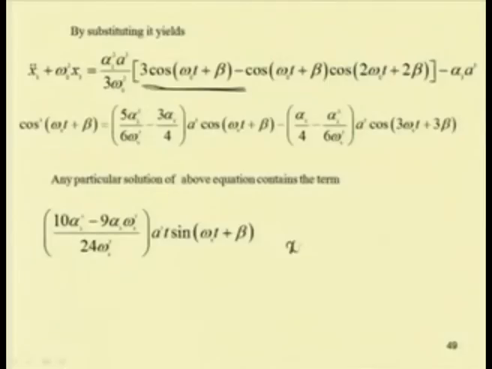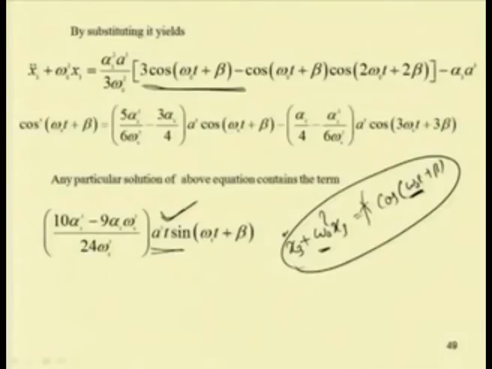The equation x 3 double dot plus omega 0 square x 3 contains a function, let me put some f, which is cos omega 0 t plus beta, as this is omega 0 and this is omega 0 square. So, it will lead to a resonance condition, and the particular solution of this part will contain a term which will increase with time.